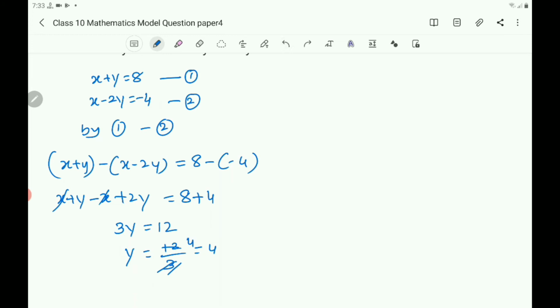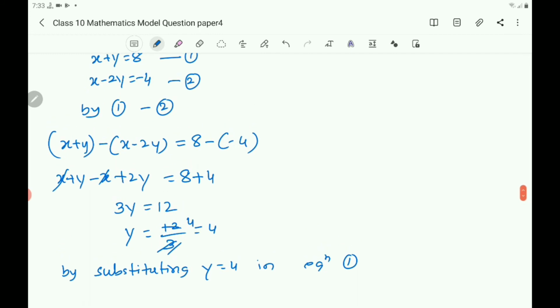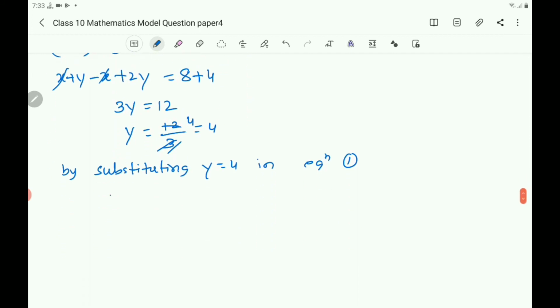Then you substitute the value of y. Substitute y equals 4 in any one of the equations. Let us take the first equation. So substituting y equals 4 in equation first: x plus y equals 8.